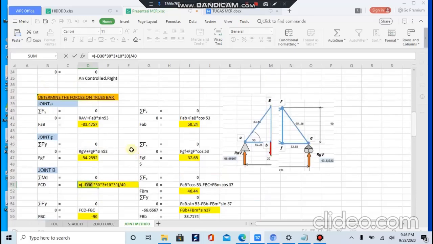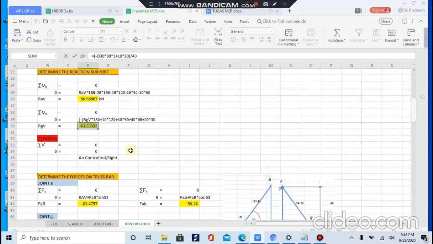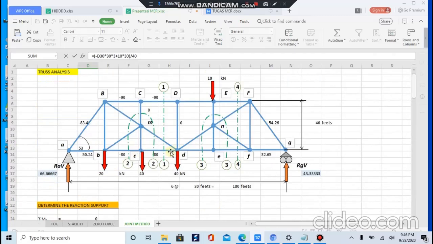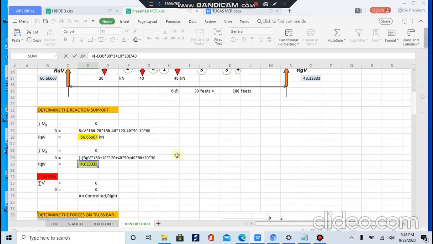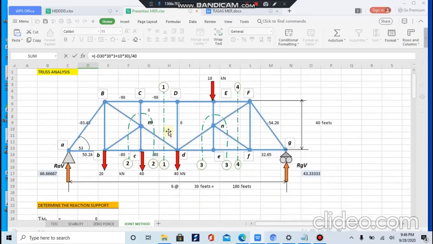If you see on this draw, this is the moment, and RGV will be multiplied by the distance to D, so it will be 30 times 3.